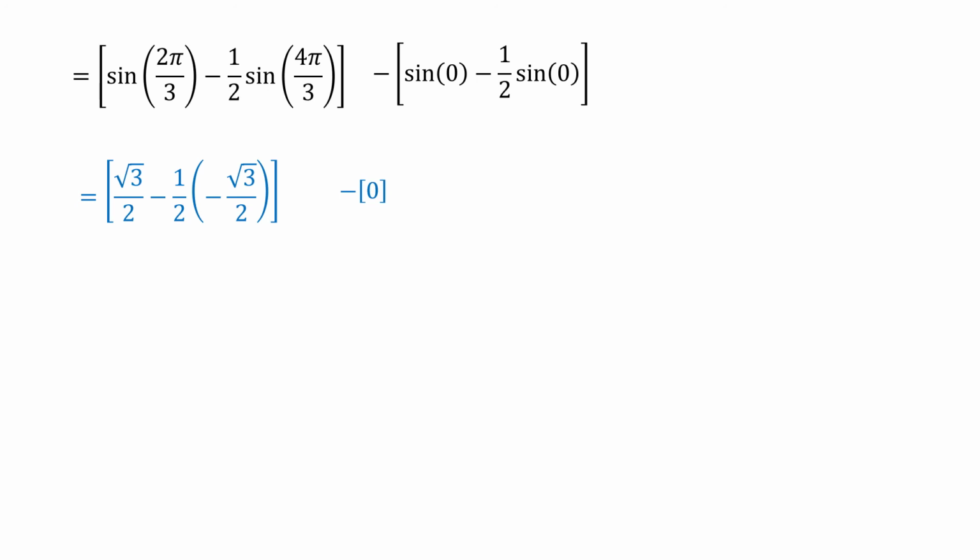Continuing, we got square root of 3 over 2. Negative and negative gives us a positive, so that's square root of 3 over 4. Getting a common denominator and adding these two terms, the area is 3 times the square root of 3 divided by 4.